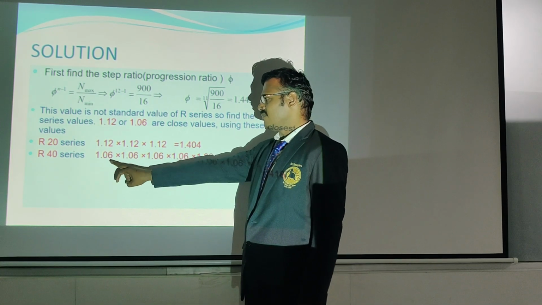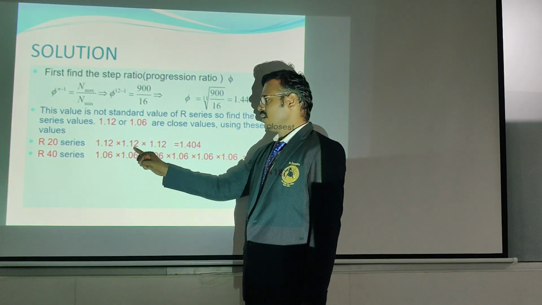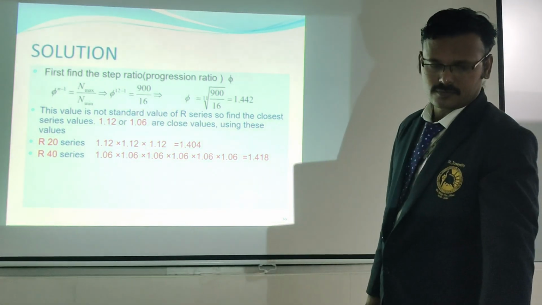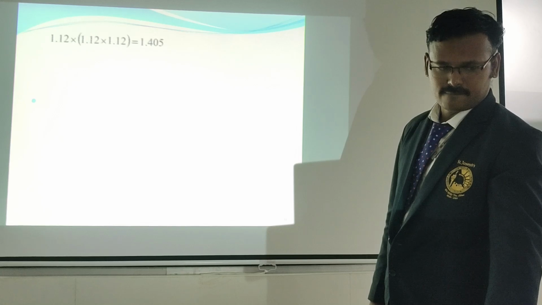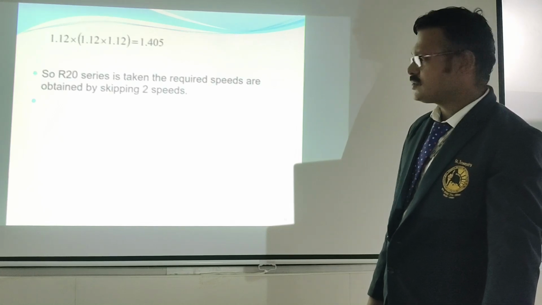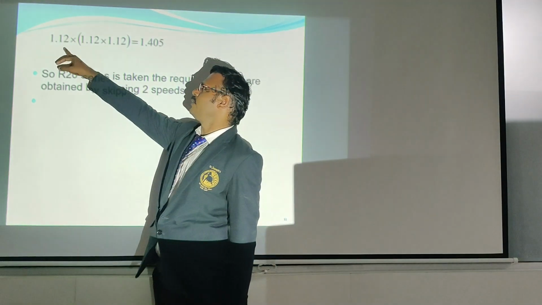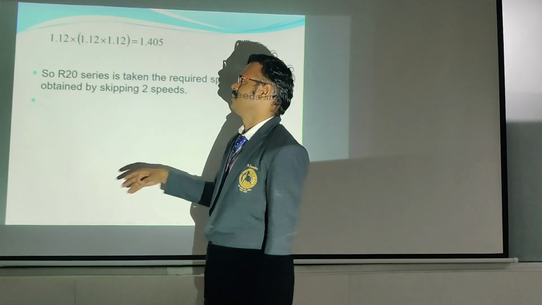So I am choosing R20 series. Suppose we want 1.12 into 1.12 into 1.12, which means 2 values we need to skip.